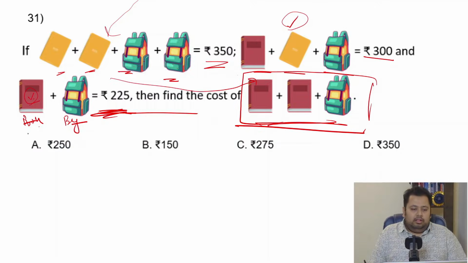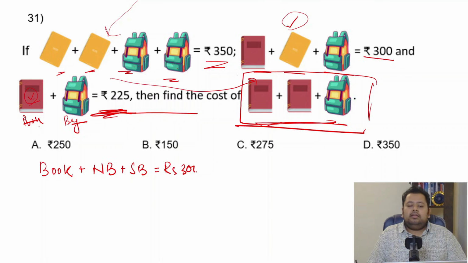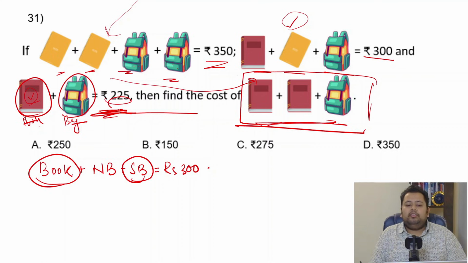Great. So let's say book plus notebook, I'll just write NB, and school bag is SB, is rupees 300, we know. Correct? Okay. Now we know book plus school bag is rupees 225.